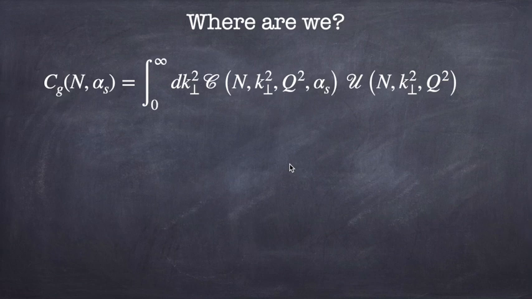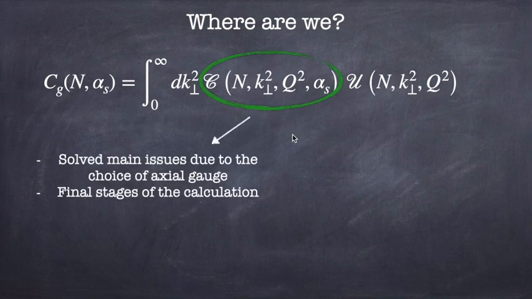So, where are we? I remind you that we want to compute the resummed coefficient function using this formula, and we are at the final stage of the calculation for this important ingredient, that is the off-shell one-loop coefficient function for this process.